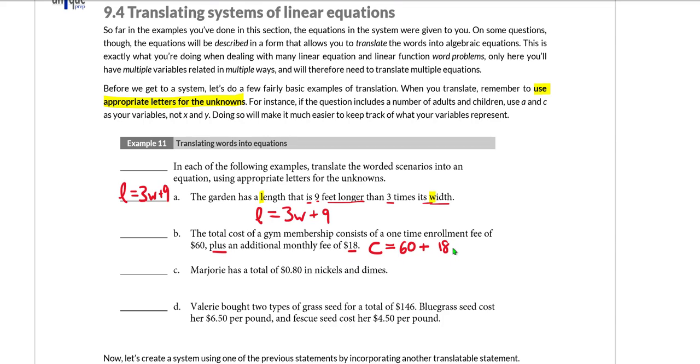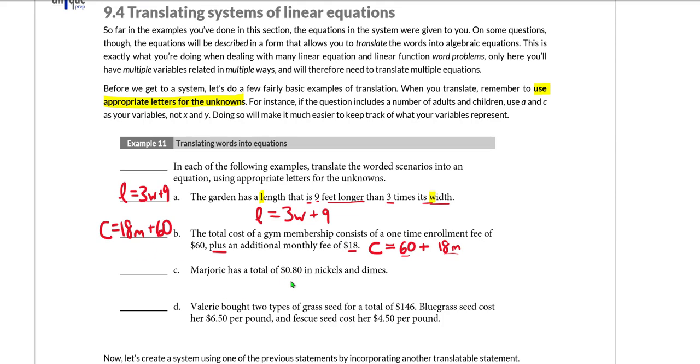So I'm going to do 18 times M, where M is the number of months. If I'm doing this for 1 month, it's $18, 2 months, it's $36, and so on. So I take my enrollment fee, the $60, add that to the monthly fee, and I get my total cost. So C equals, I'm going to switch this around and do 18M plus 60, just so that the equation is in slope-intercept form.